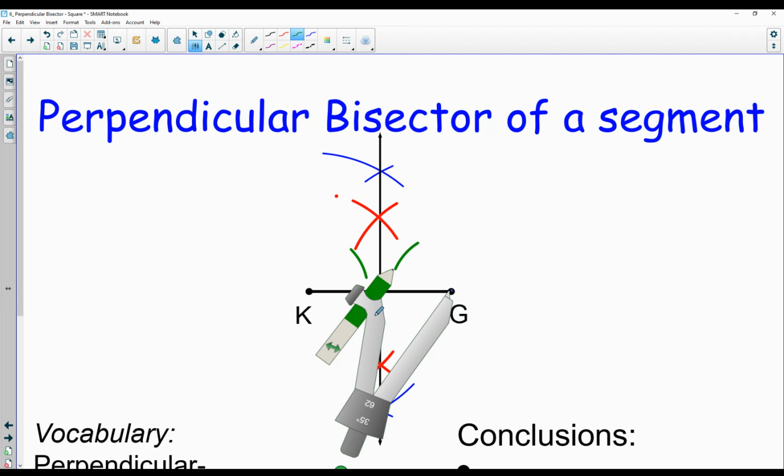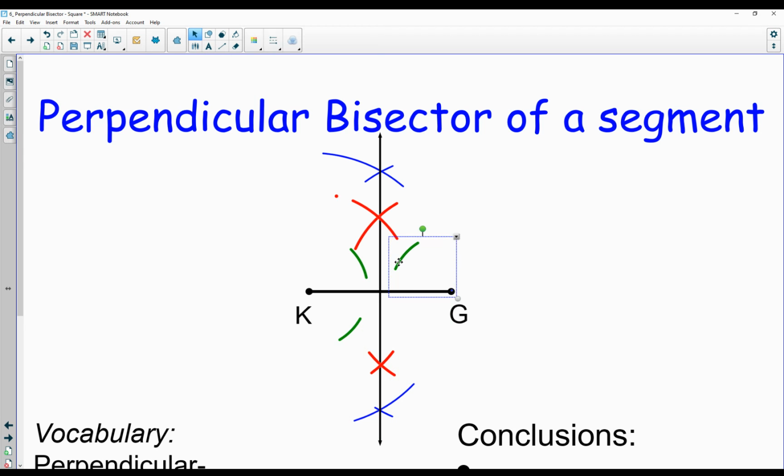I don't have an intersection. Without an intersection, I can't even create any sort of segment or point. So that's why you want to go more than halfway. Any distance more than halfway. If you go the full distance, it'll always be good. Okay, so now that we have the perpendicular bisector, let's label this point right here that we just created. I'm going to put a point here, and I'm going to call that point M.